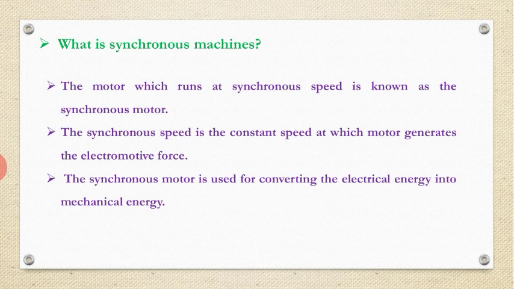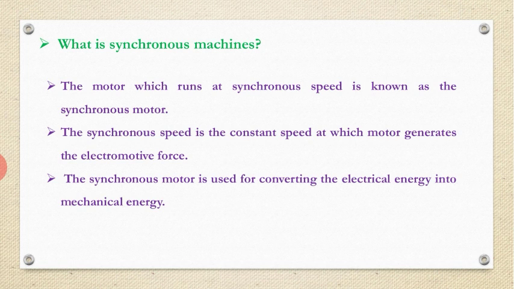The motor which runs at synchronous speed is known as the synchronous motor. If you compare the induction motor with the synchronous motor, the induction motor is an asynchronous motor, because the induction motor always runs at less than the synchronous speed.